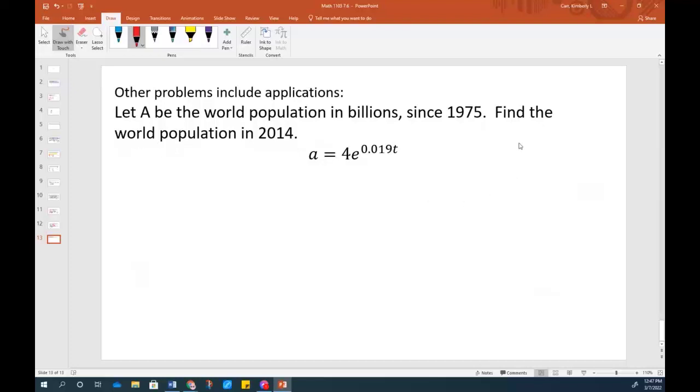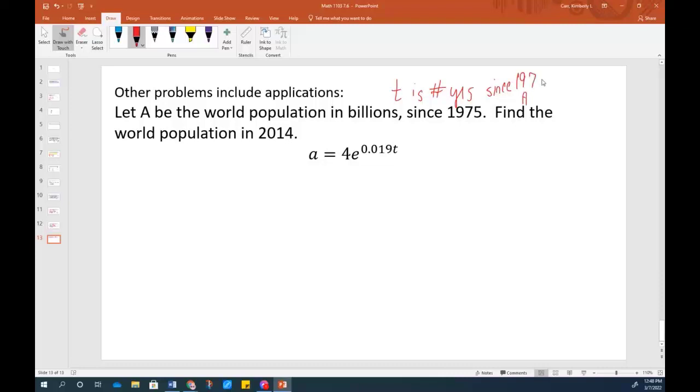So that's essentially telling you to find A. And this concept of since 1975, it doesn't say that on this screen, but generally when they do something like that, there will be something that tells you that T is the number of years since.